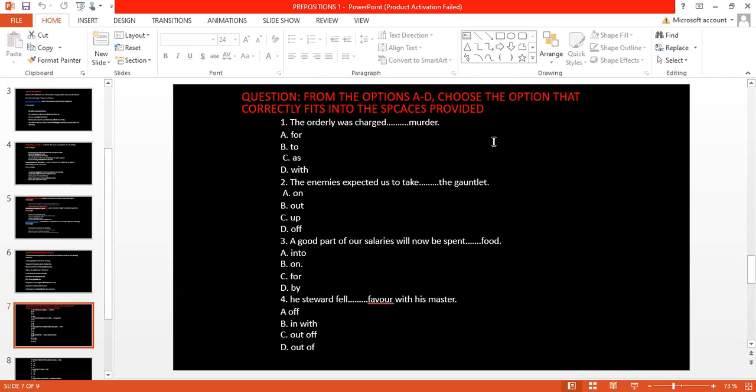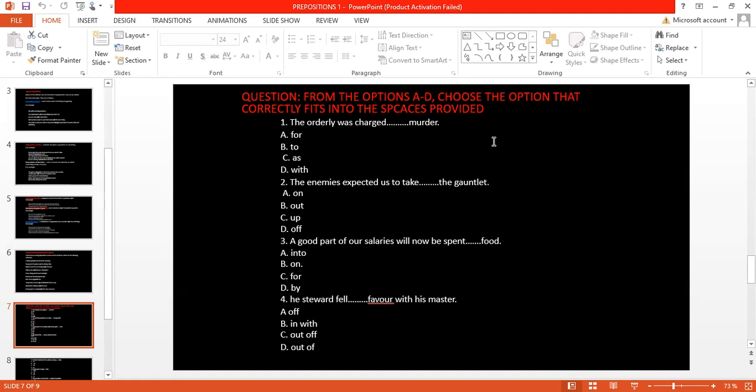From the options A to D, choose the option that correctly fits into the spaces provided. Number one question says, the orderly was charged dash: for mother, to mother, as mother, with mother. This question is a typical question that gives students problem, right? The orderly was charged with murder, not for murder.